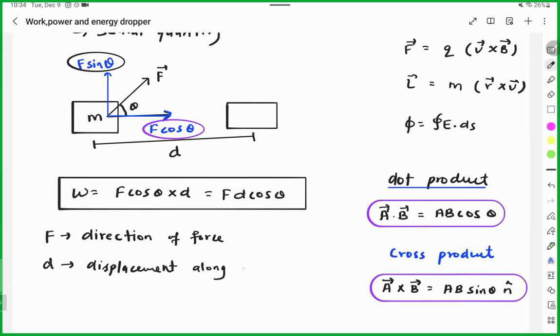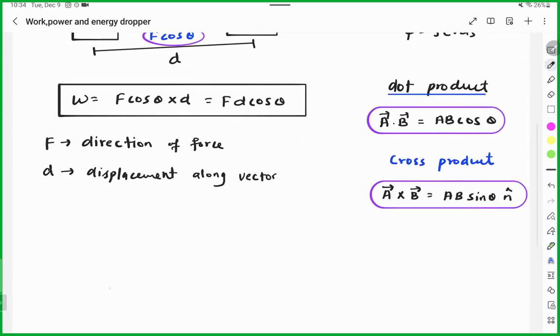Why is this so important? Example, if you have the same mass, you apply the same force F at an angle.